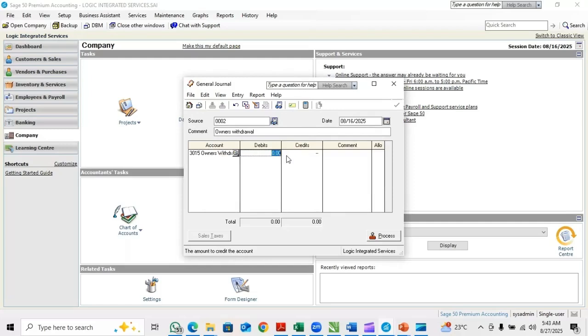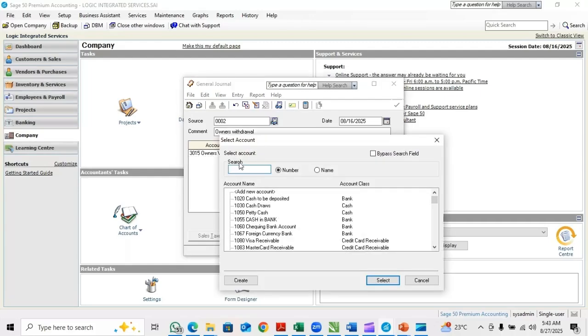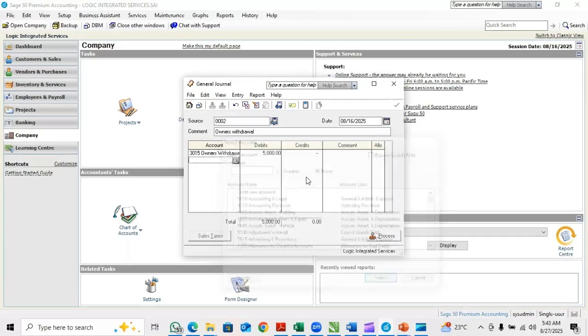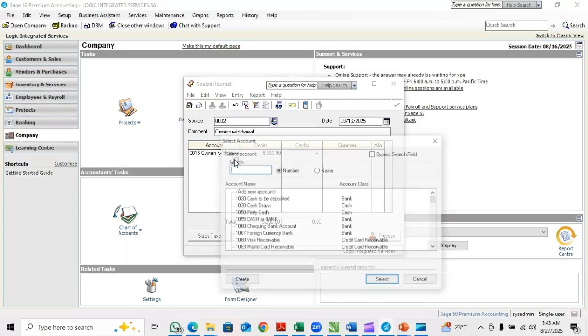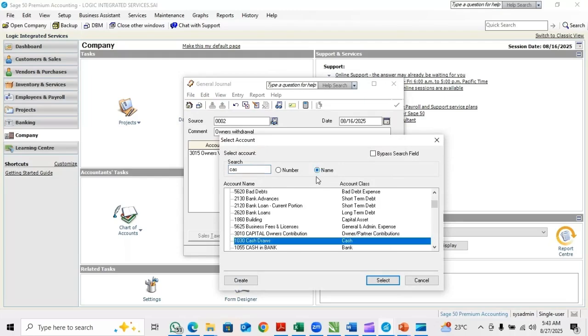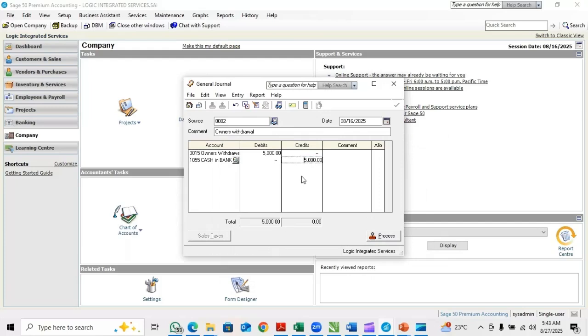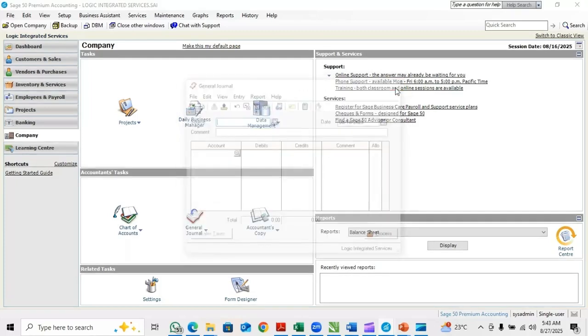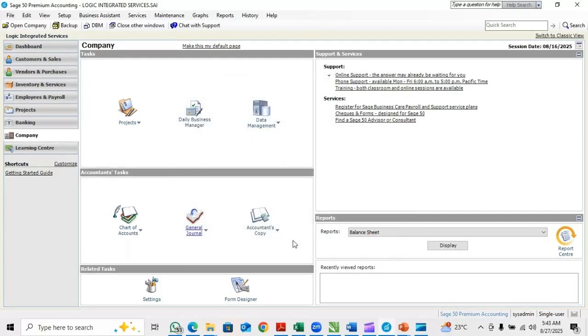Okay, owners withdrawal 5,000, and we credit the cash account, which is cash in bank. So that's it. So we have this and this. We run the transaction. So we are done with running all the transactions.